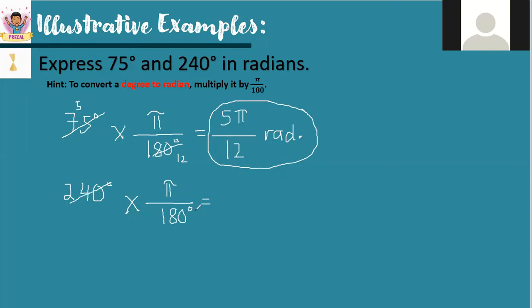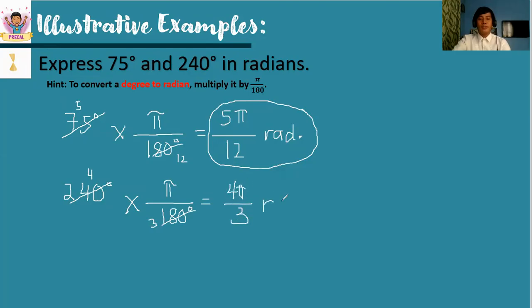So we have to divide by 6. 240 divided by 6 is 4, and 180 divided by 6 is 3. Then multiply the remaining factors. So we will have 4 pi over 3. And do not forget the unit of measure, that is rad or radians. Then encircle the final answer. So that is how simply we convert a degree measure to its radian measure.